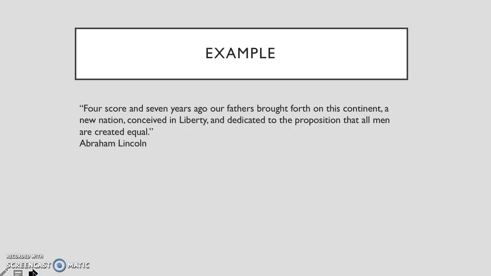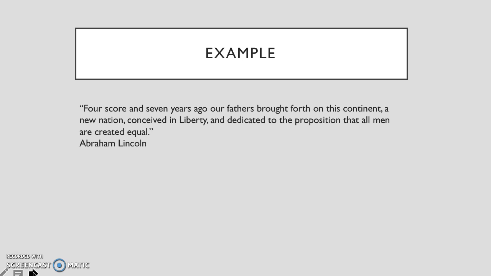I'm giving you an example here. This comes from Abraham Lincoln, the Gettysburg Address. "Four score and seven years ago, our fathers brought forth on this continent a new nation, conceived in liberty and dedicated to the proposition that all men are created equal." There's probably no reason to ever paraphrase this. You would quote it.